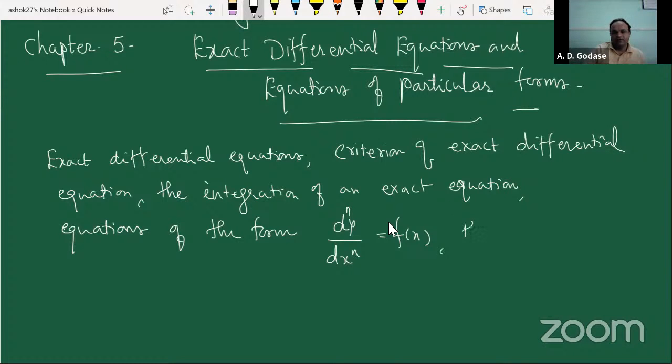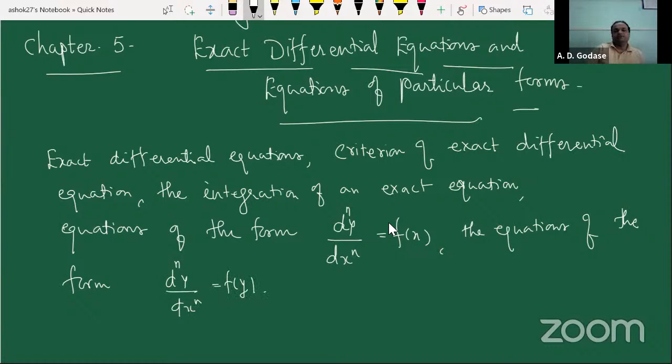Second, the equations of the form d^n y by dx^n equal to f of y.